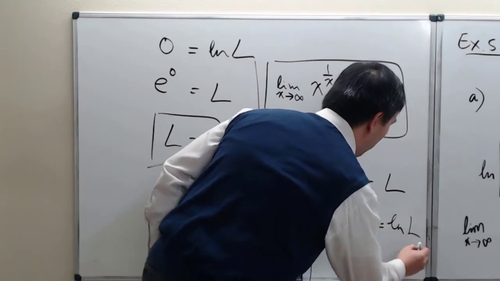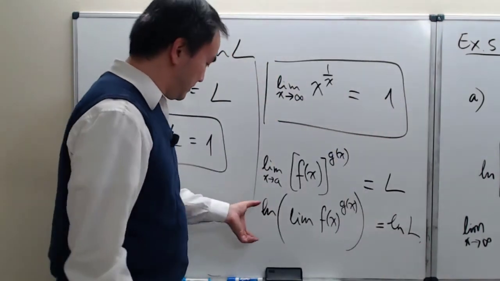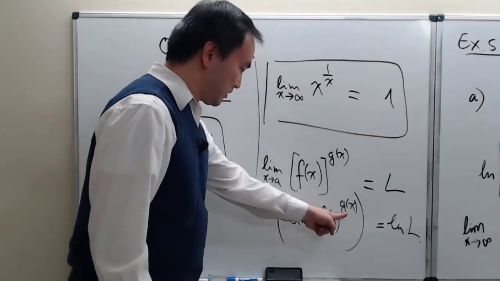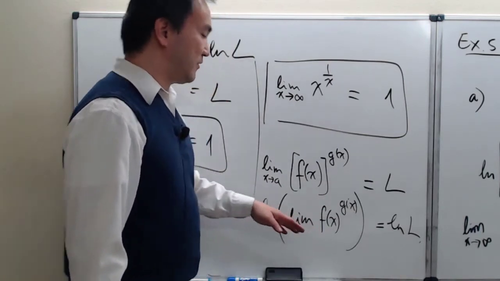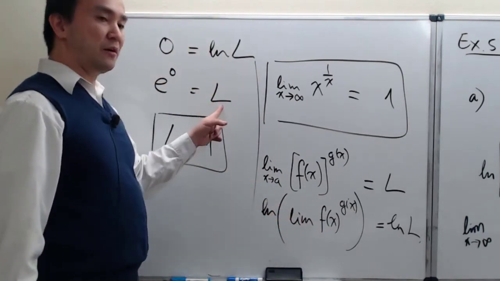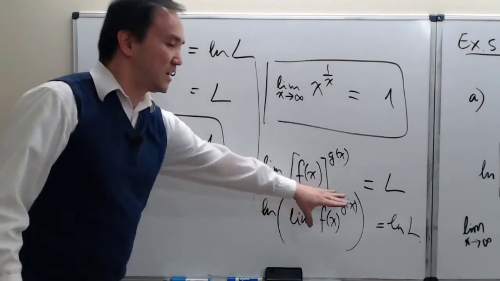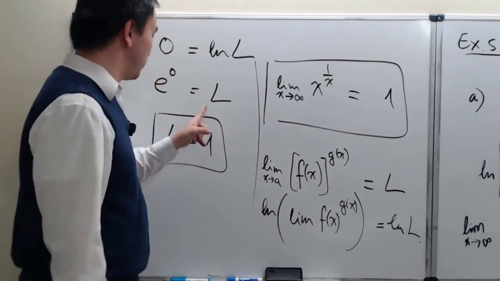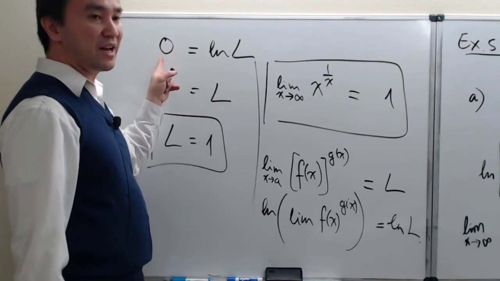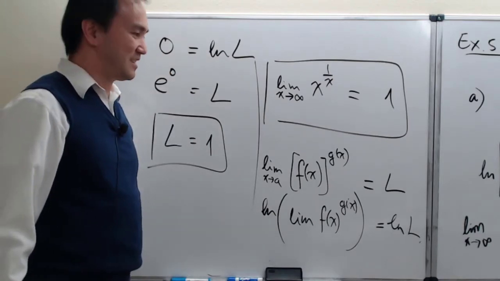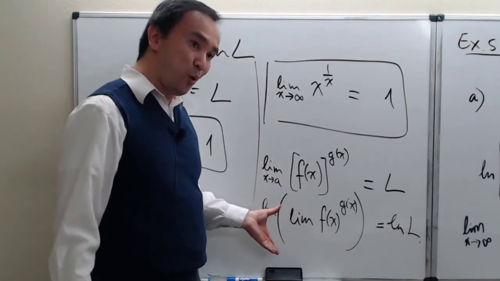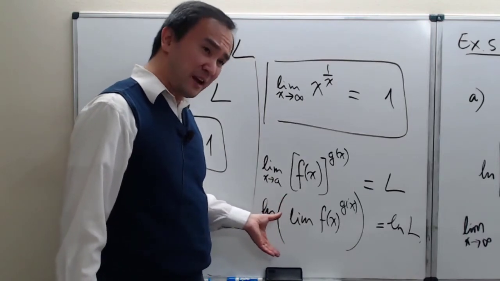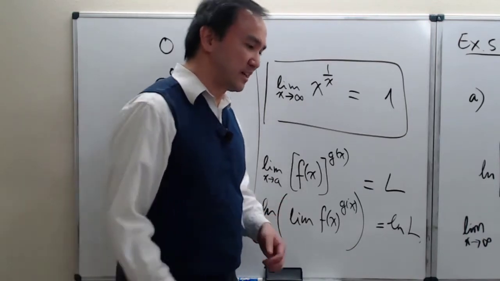Then we bring the limit inside, bring the g function out front, and eventually, if the limit on the left-hand side turns into a successful limit, we solve for L out of that logarithm equation. That's how this common technique works, and surprisingly, it works quite effectively.